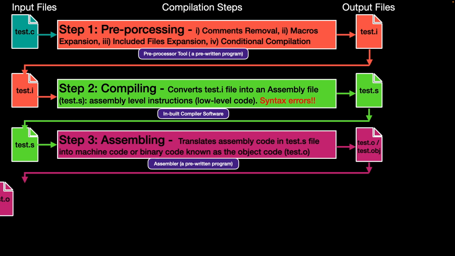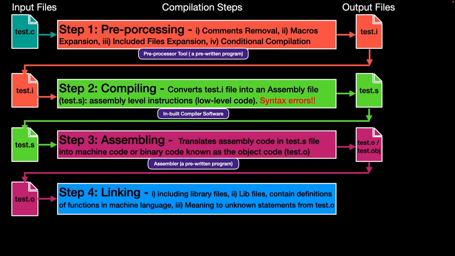And the fourth step is linking, which does basically two things, in which there is another pre-written program which is the linker. It takes the object file that is generated in the previous stage as an input and includes library files which have an extension .lib. What are library files?